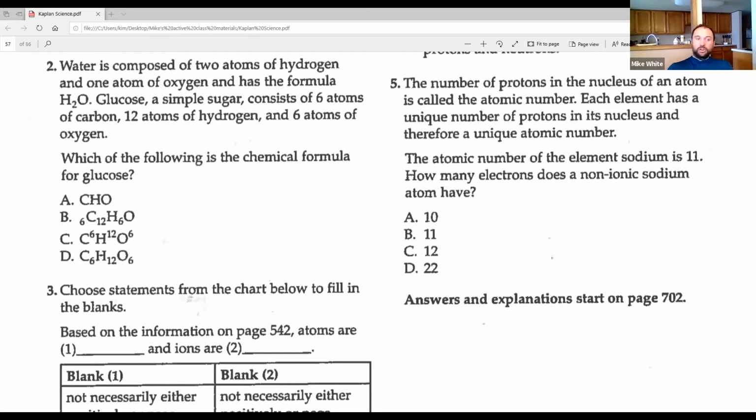So look through those, and whichever students are in class, go ahead and type your answer in the chat, and then we'll go through your answers. I'll give you a minute to do it.